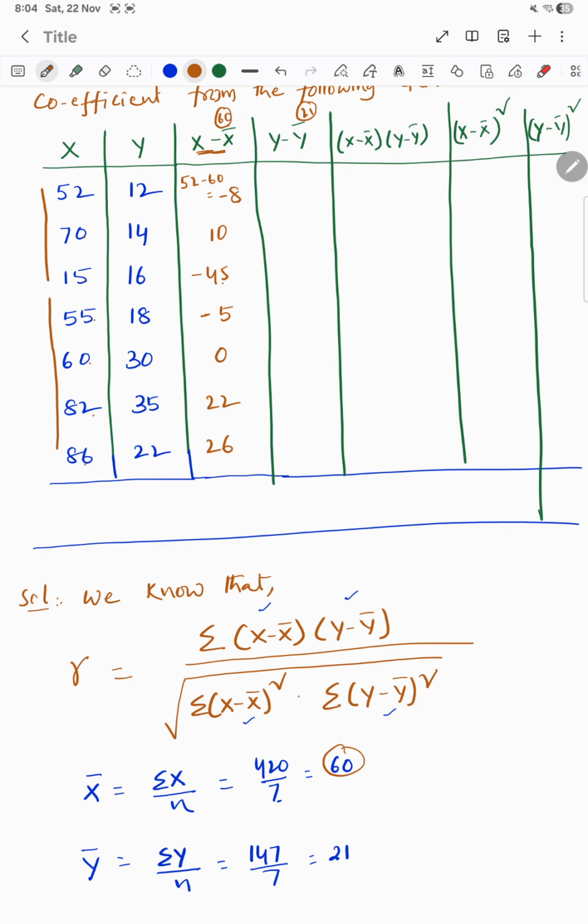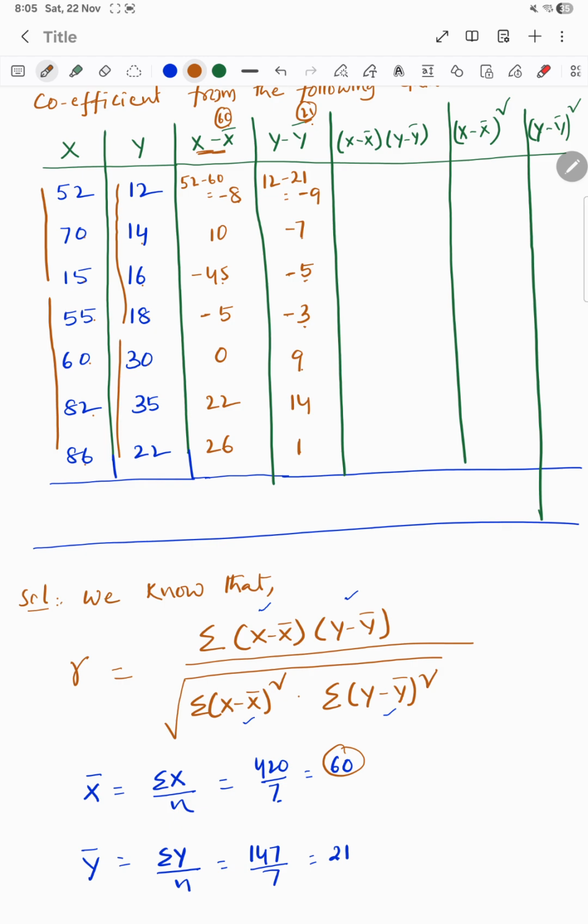Similarly, we need to subtract y bar, which is 21, from all these y values. So 12 minus 21 is minus 9, 14 minus 21 I got minus 7, 16 minus 21 minus 5, 18 minus 21 minus 3, 30 minus 21 9, and so on.